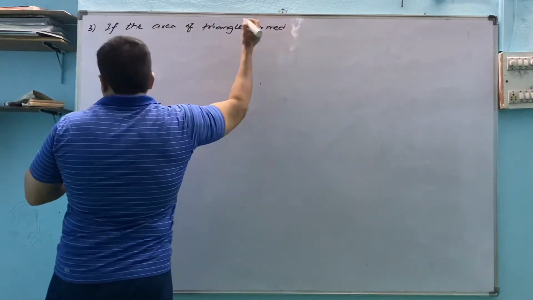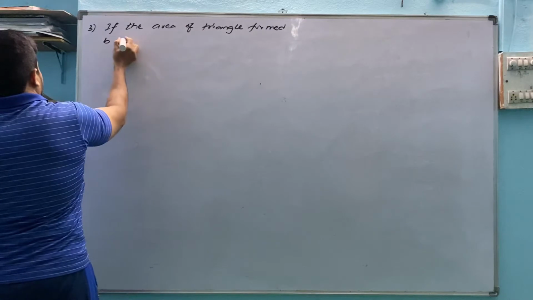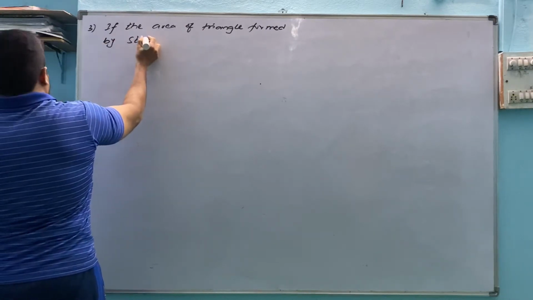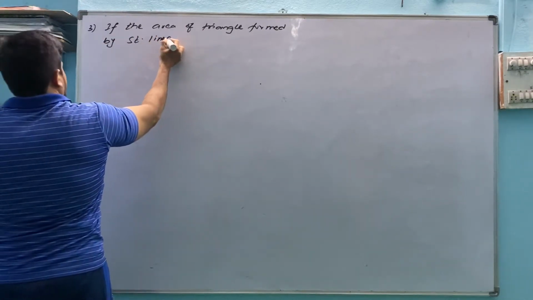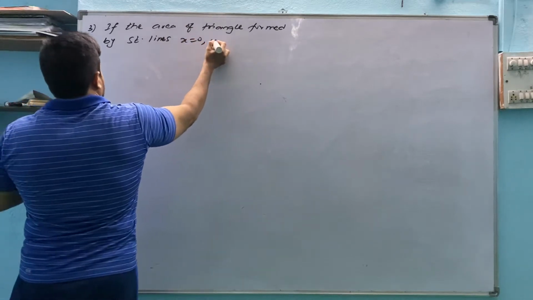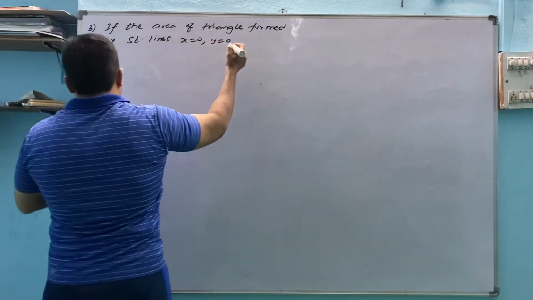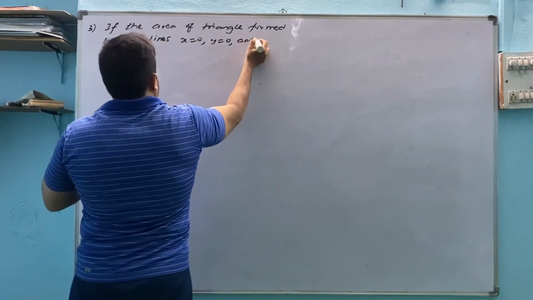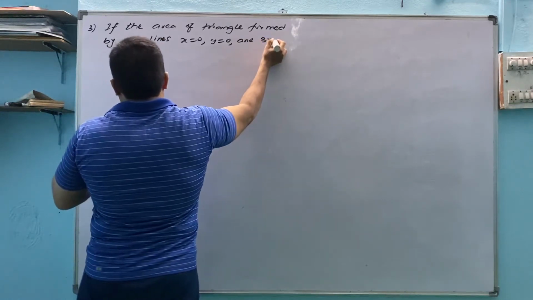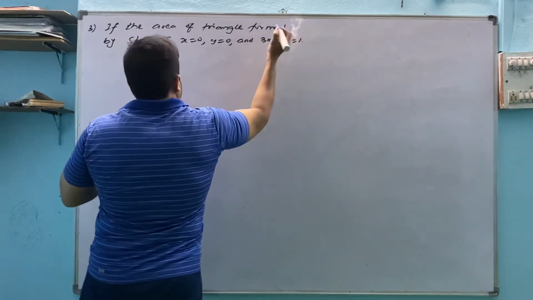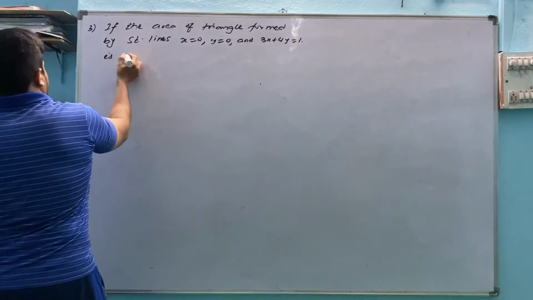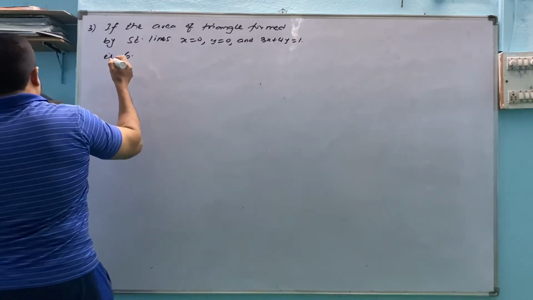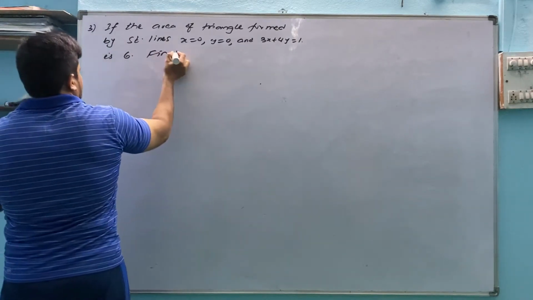If the area of the triangle formed by the straight lines x equals 0, y equals 0, and 3x plus 4y equals a is 6, find the value of a.